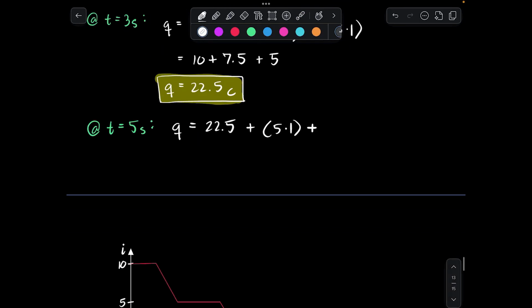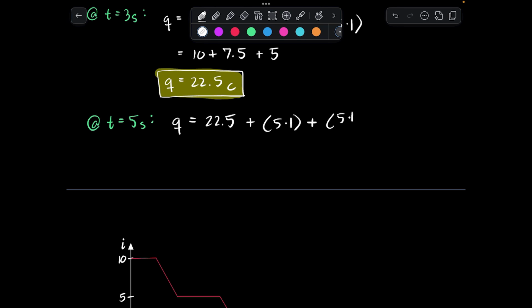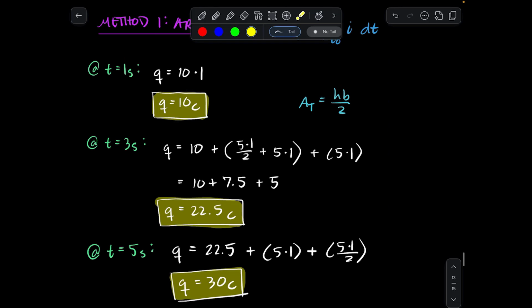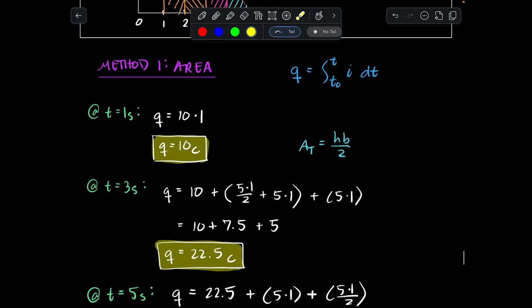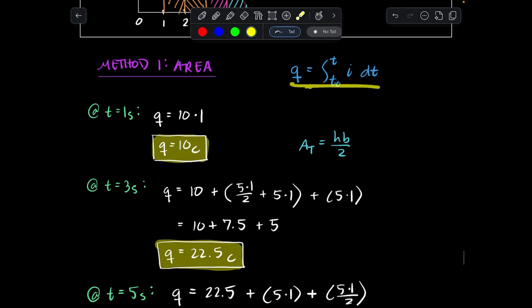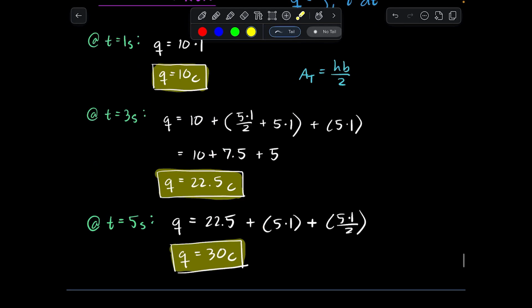So it's going to be 5 times 1 over 2. And so we have a total of 30 coulombs of charge between 0 and 5 seconds of time. So now we've solved this using our area method. Let's try our second method of actually using our calculus formula here.